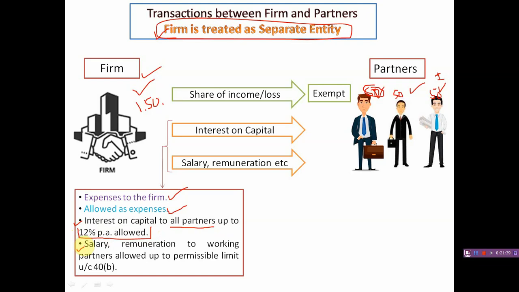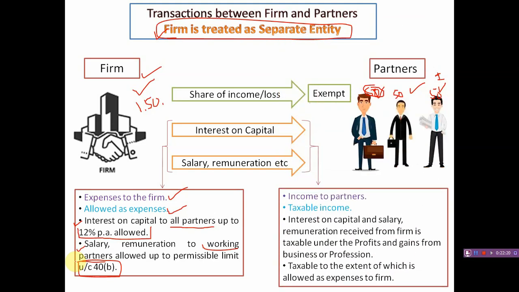And salary remuneration to working partner is allowed up to the permissible limit under section 40B. It means the salary, remuneration or any commission or bonus given by a firm to a working partner is not allowed as expenses in whole. There is a limit which is stated in section 40B, that is the maximum limit of remuneration allowable.